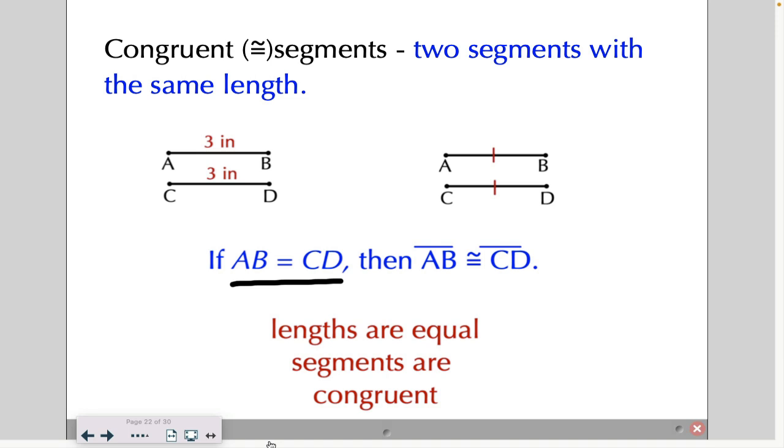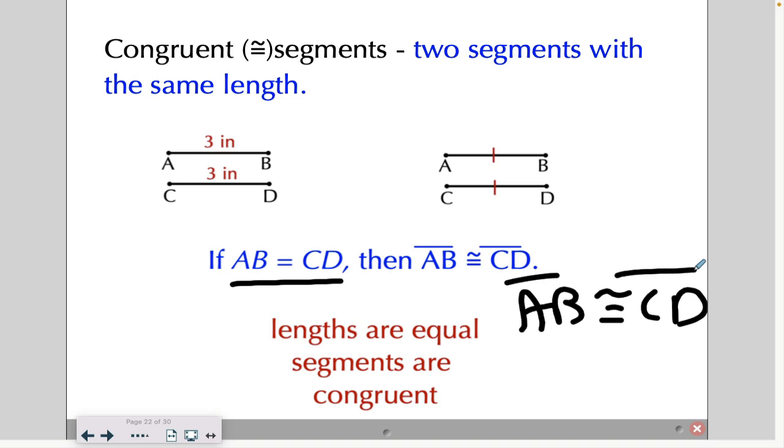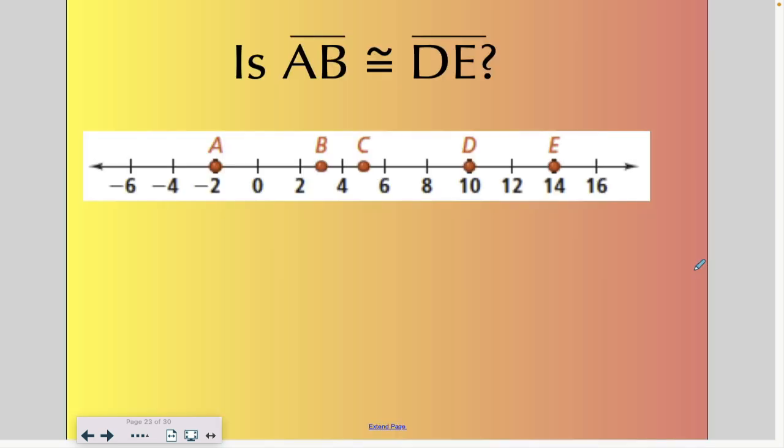Might be a note you jot down, because it gets messed up a lot. Lengths are equal, segments are congruent. So you actually wouldn't write this, AB is congruent to CD. That's actually wrong. That says the length of AB is congruent to the length of CD. Lengths are equal. Segments are congruent. You get used to it. Okay, it's one of the more annoying parts, but that's how we start out chapter 1.